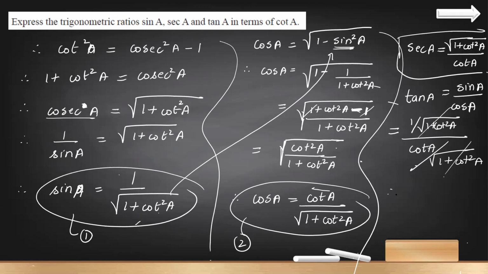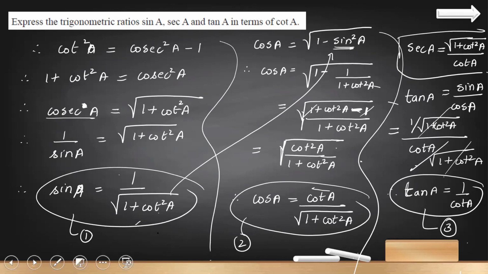And obviously tan and cot are reciprocals of each other. So we can simply write tan A is equal to 1 upon cot A. No need to do all these things also. Just simply write this tan in terms of cot. Okay, this is the way we do it.